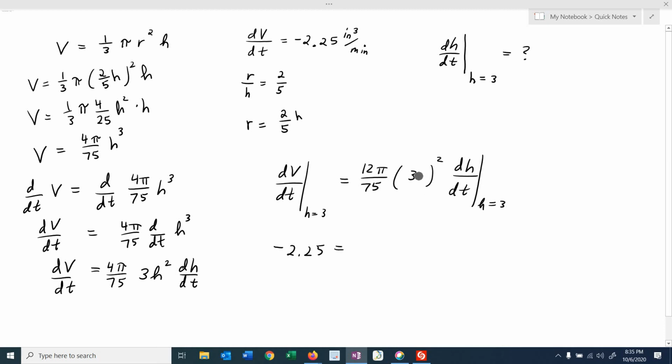Okay, and this is equal to 9. 9 times 12 is 108. So we get 108 pi divided by 75. And then dh/dt, right when h is equal to 3, that's the thing we're trying to solve for, right? That's the rate of change we're looking for.